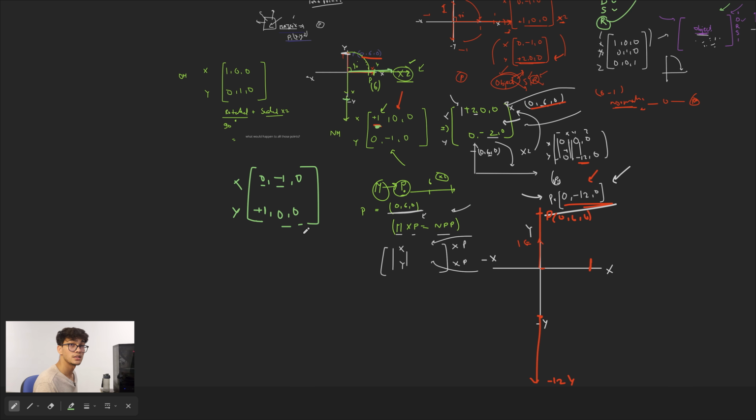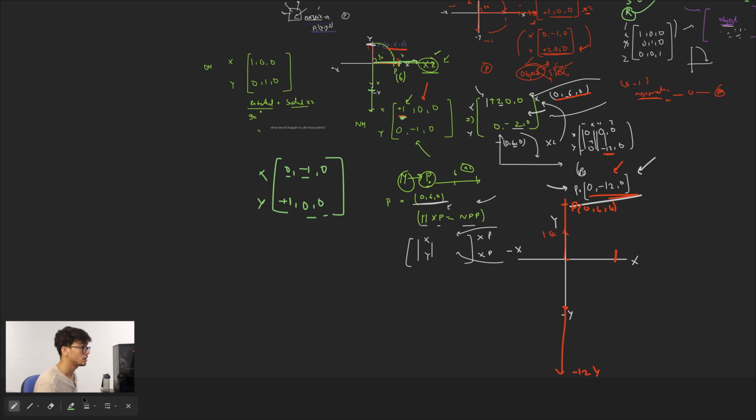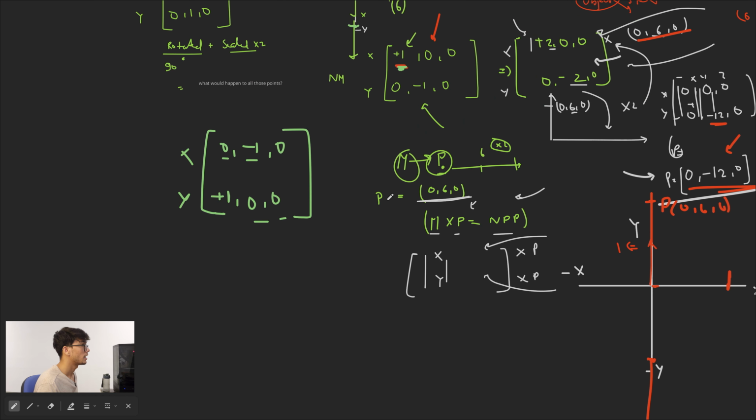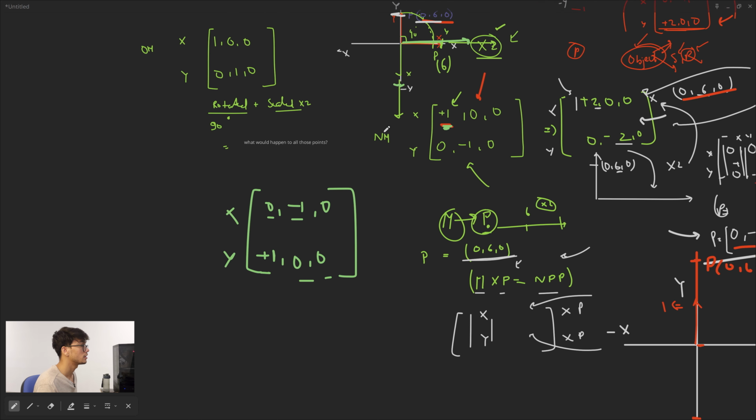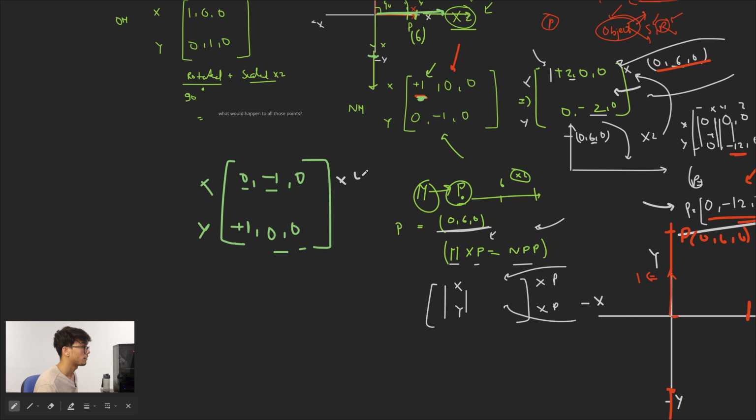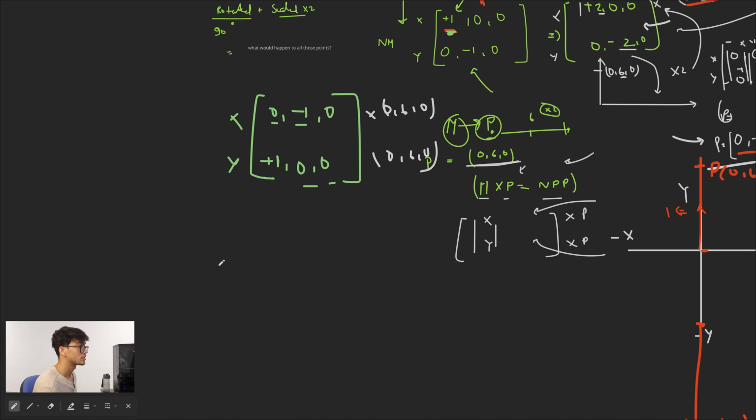So this is our new matrix, and when we multiply it by our point position, which was here, you multiply with 0, 6, 0 to get all those three components. And let's do this, right? So we have x, we have y, and it says 0, minus 1, 0, and it's a positive 1, and it says 0 and 0.